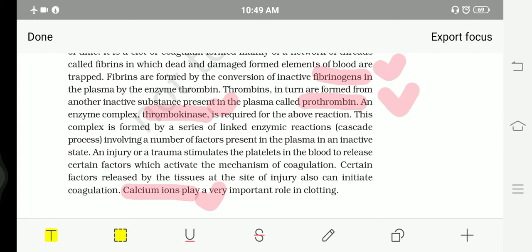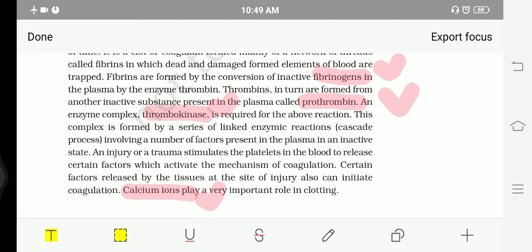The second substance is called thrombokinase. It is a lipoprotein widely distributed in the tissues. It acts as an enzyme or an activator. Thrombokinase is a lipoprotein that acts as an enzyme or activator.